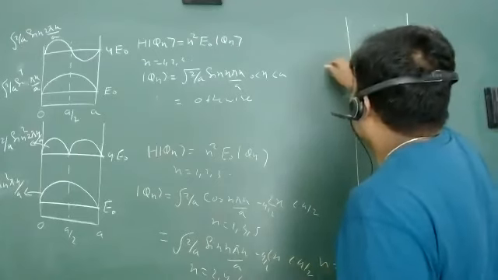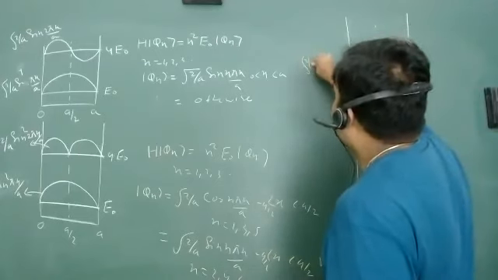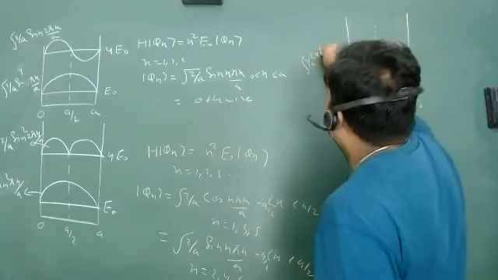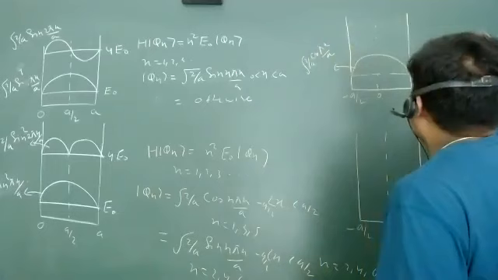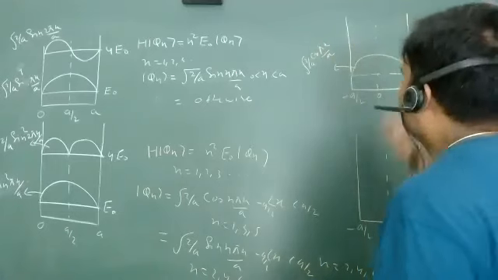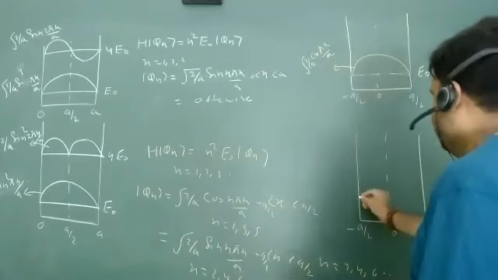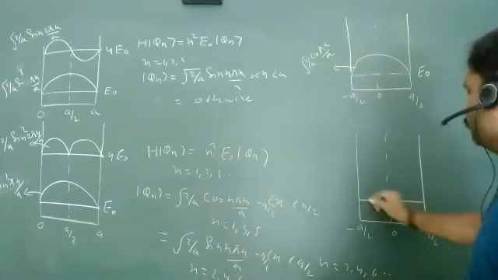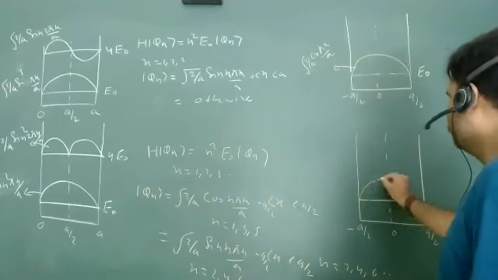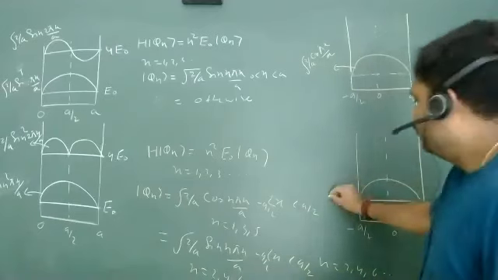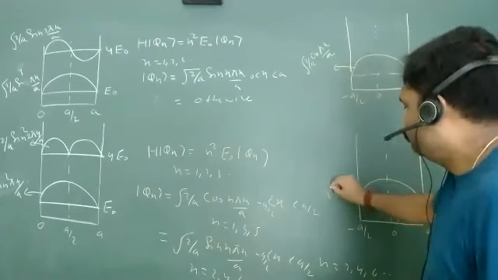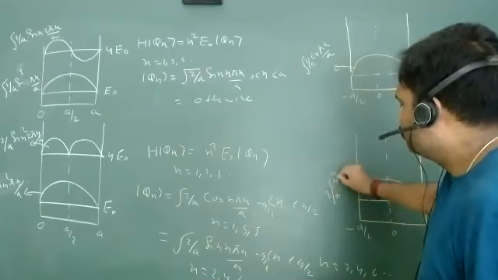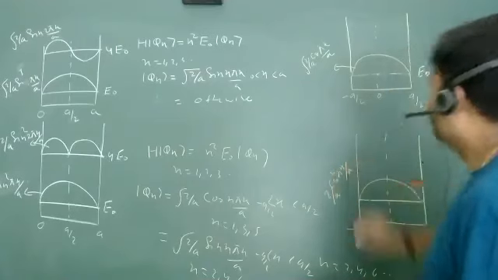And its function is basically root 2 by a cos pi x by a. And the energy eigenvalue is E naught because n is equal to 1. And if you draw the probability density, this will be something like this, and you will get 2 by a cos square pi x upon a.